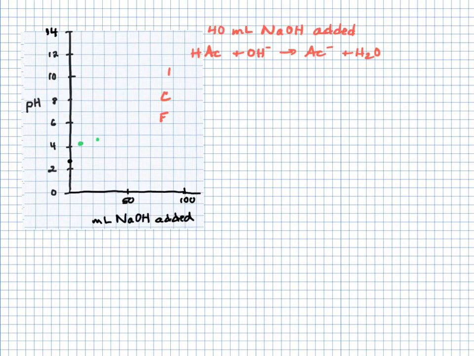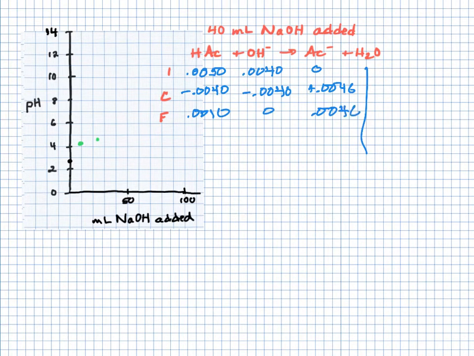All right, next, let's add 40 milliliters of 0.1 molar NaOH. Okay, so we've still got 0.005, got 0.004, none, don't care. You can see you're going to use up this first. So we'll have 0.0010, 0, 0.0040. We still have a buffer. Okay, so nothing new and exciting has happened yet.